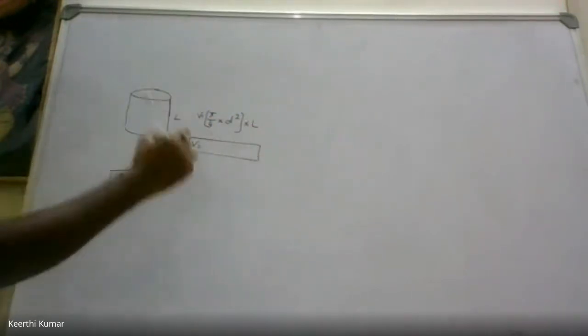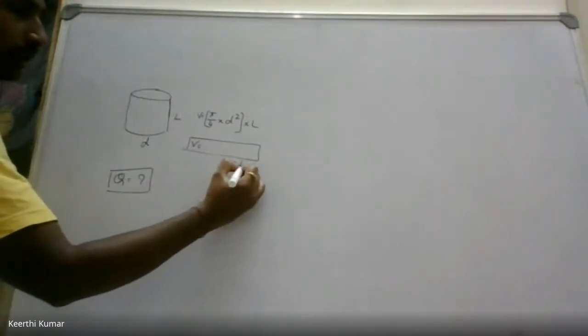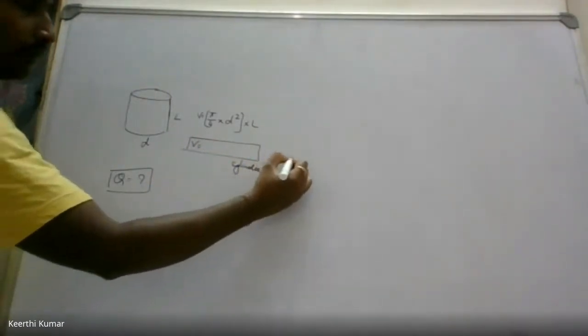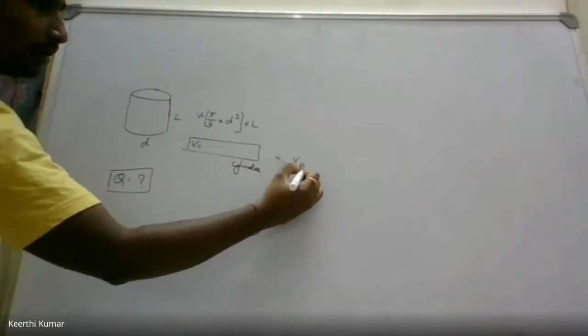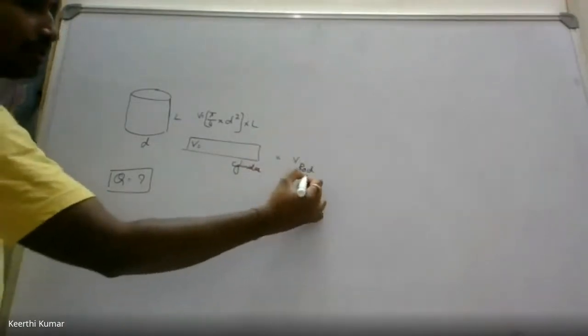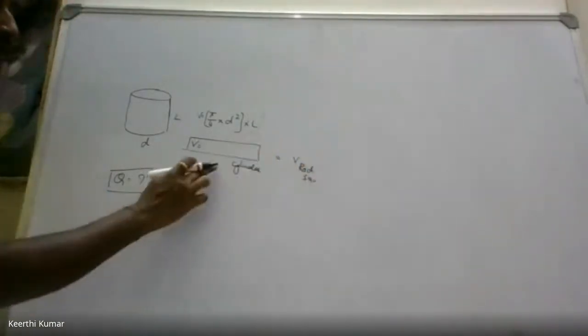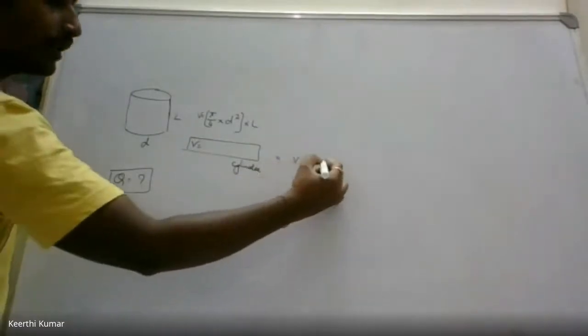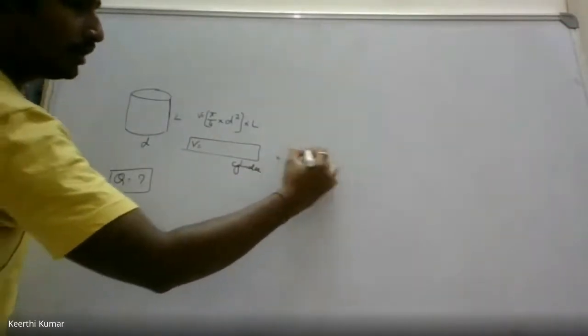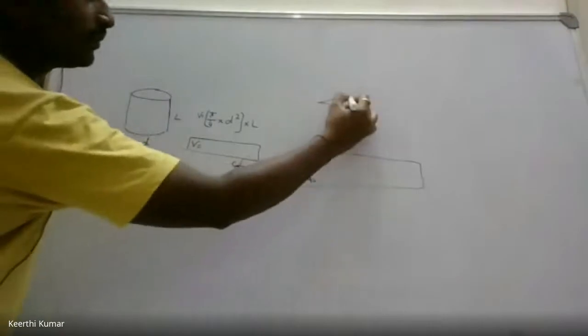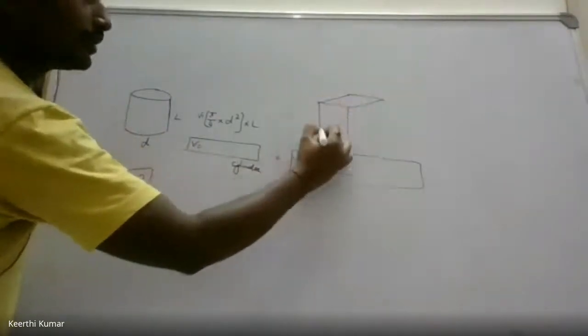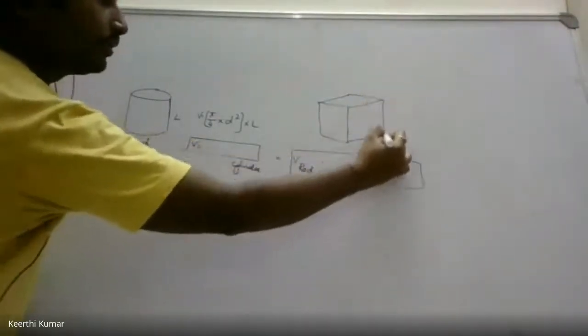So what he told is, volume of the cylinder will be equal to volume of the rod, which is square. If the rod is square, what will be the volume? That means this is a figure. If this is a rod, what is the formula we take for volume?